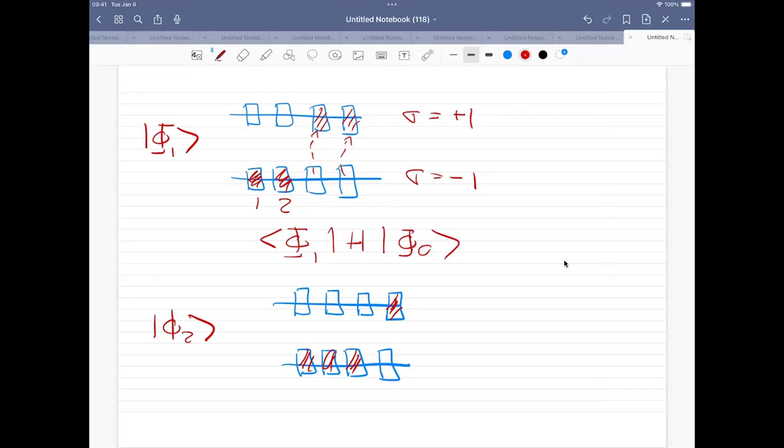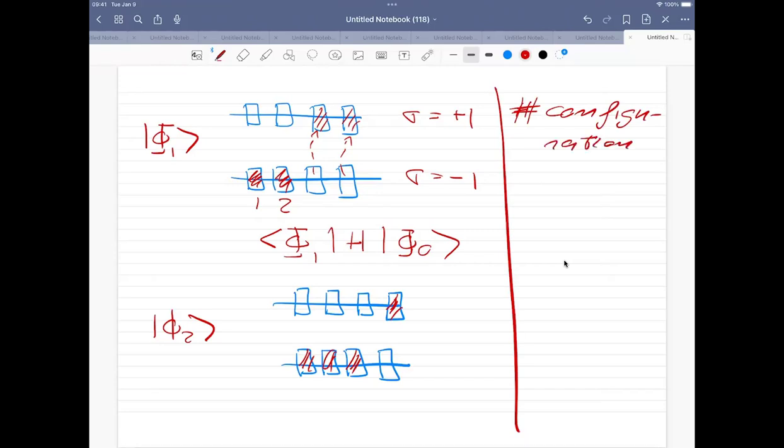So the total number of configurations which you can make here is given by the 8 slots which you have, and then you're distributing 4 particles.